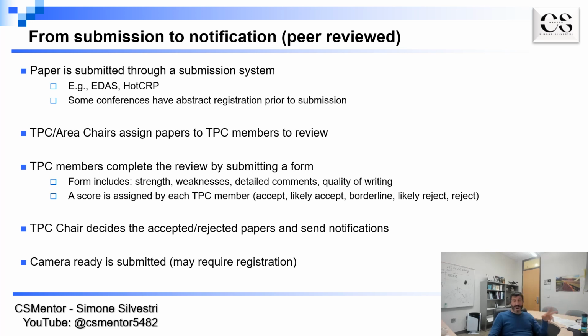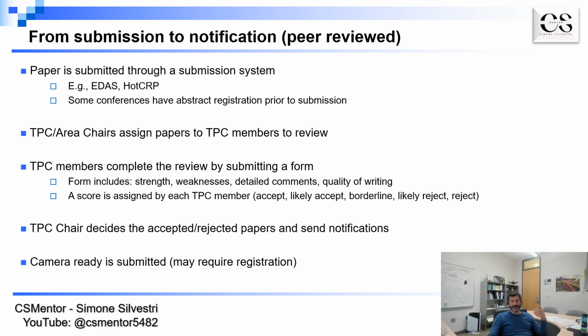Note that some conferences have a prior step to the submission, which is the paper registration. So there the idea is that before the final submission deadline, for example, a week before or 10 days before, you need to declare that you're going to submit a paper to this conference.